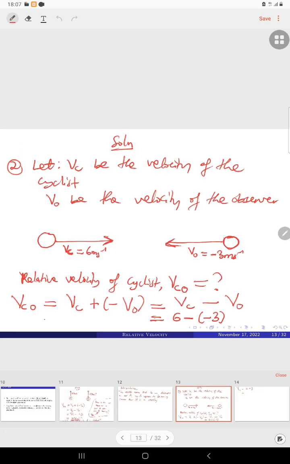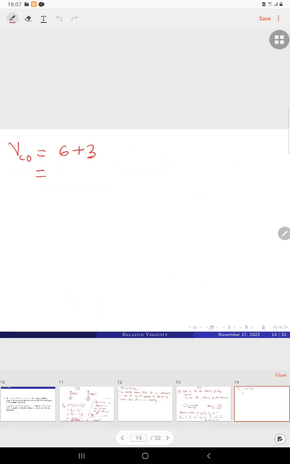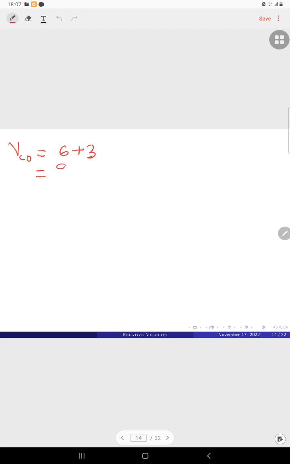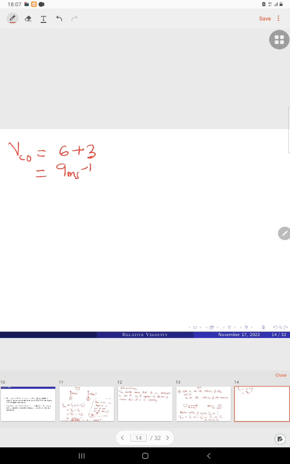We are going to get VCO: 6 plus 3. Okay, check it. And this gives you 9 meters per second. And how do we interpret this?